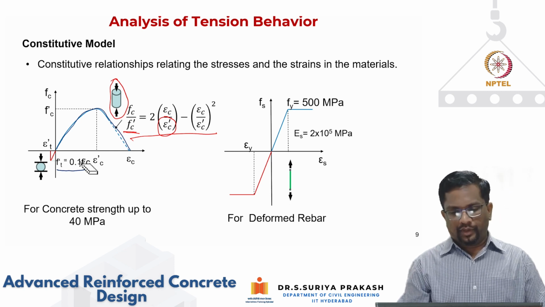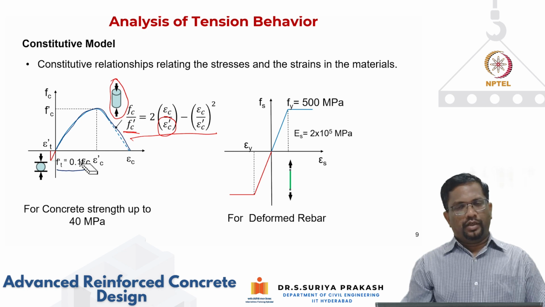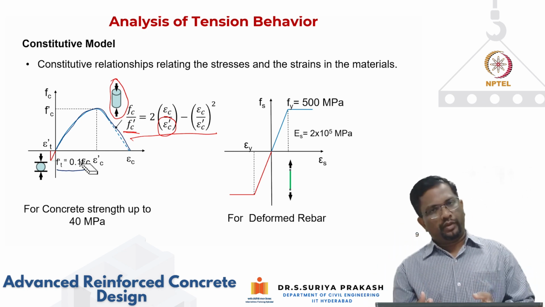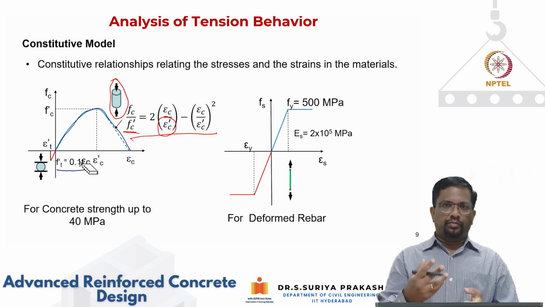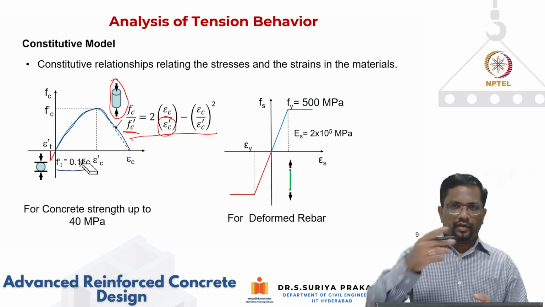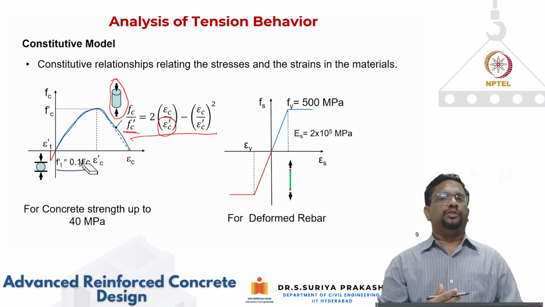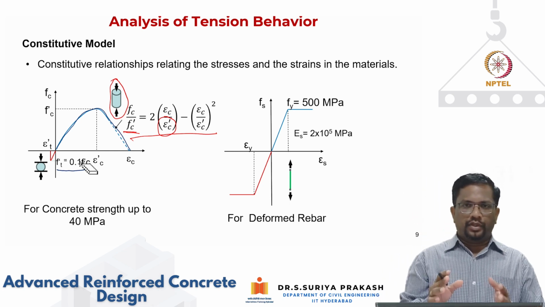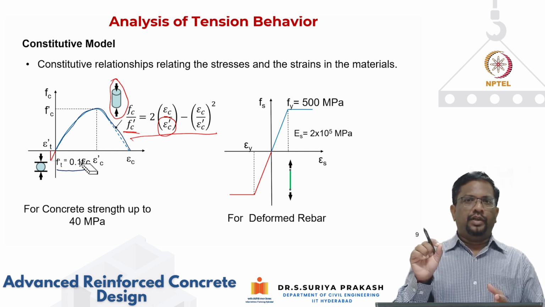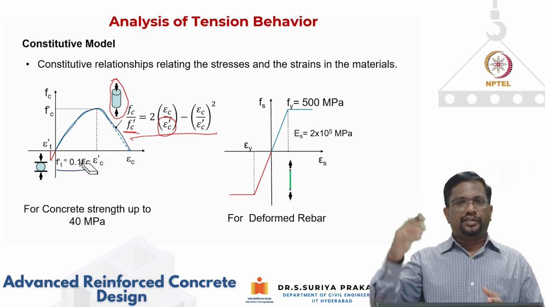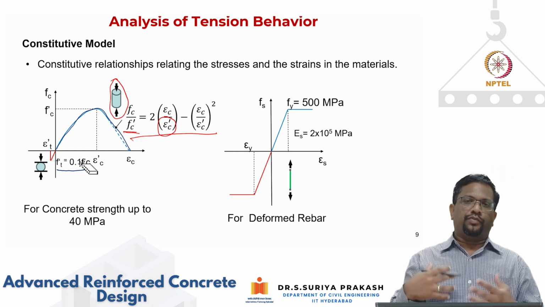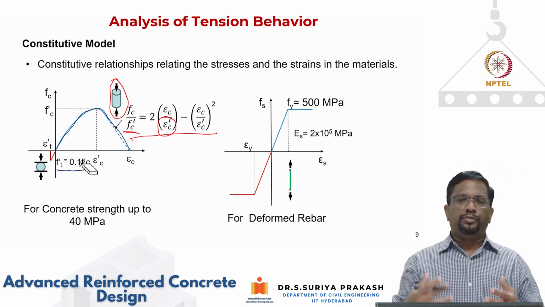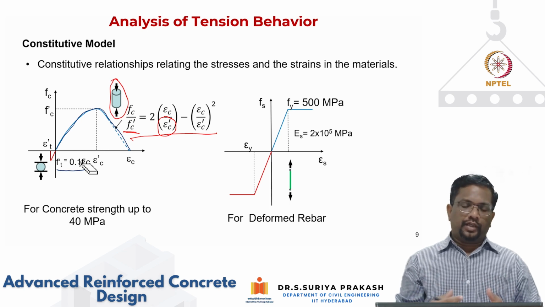Now we know that in steel, if you test your steel rebar, again, depending upon whether you have mild steel or deformed bars of grade 415 or 500, the stress-strain characteristics are going to change. But from a design point of view, usually we limit the design to the yielding of steel, and the strain hardening capacity that we are going to get, we will not count it, just to be conservative in calculating our capacity.